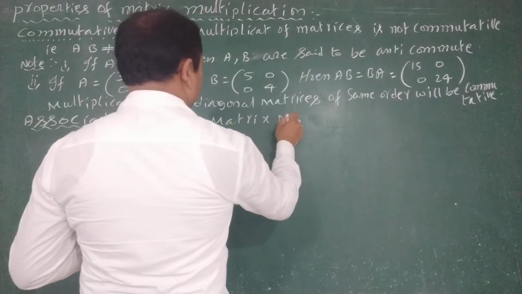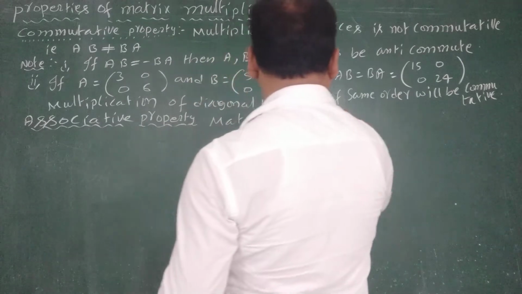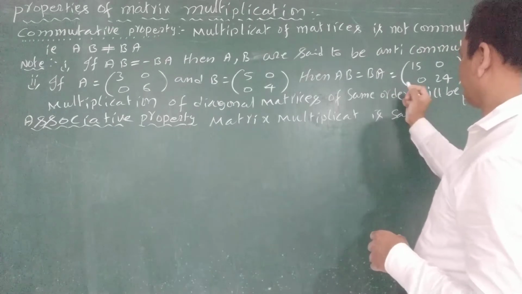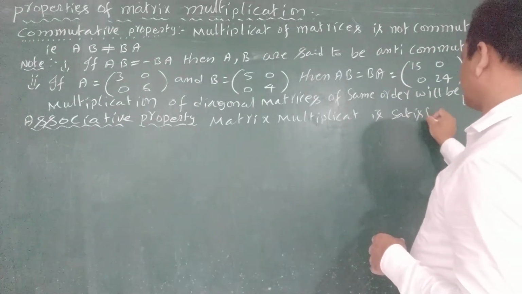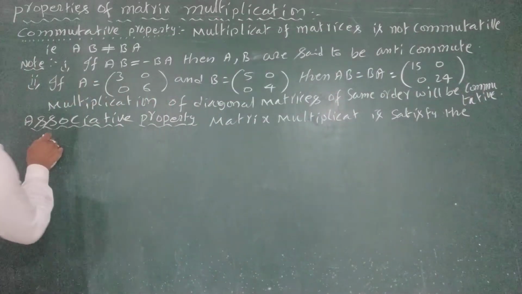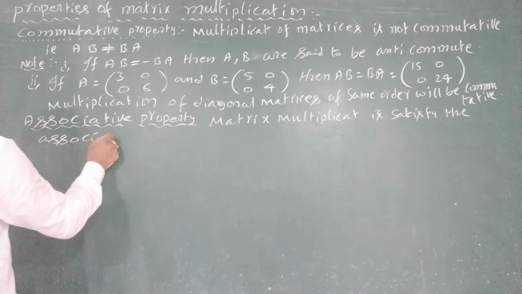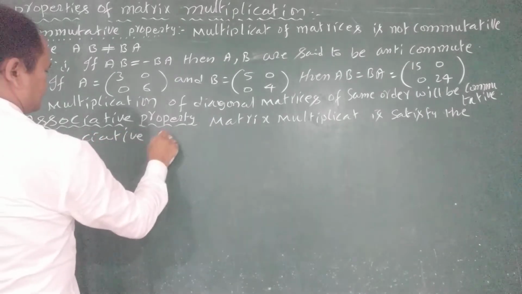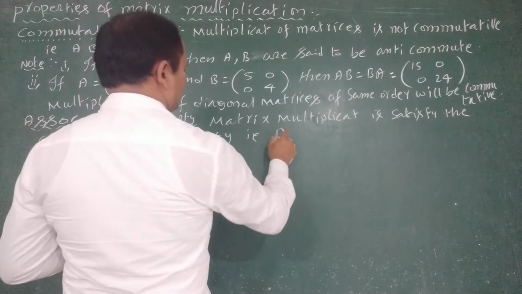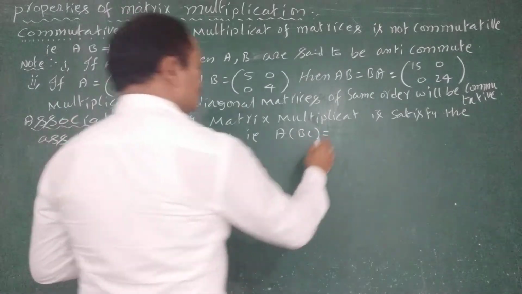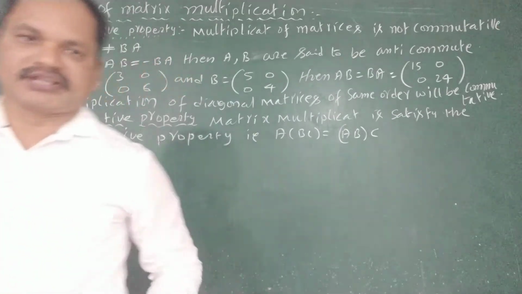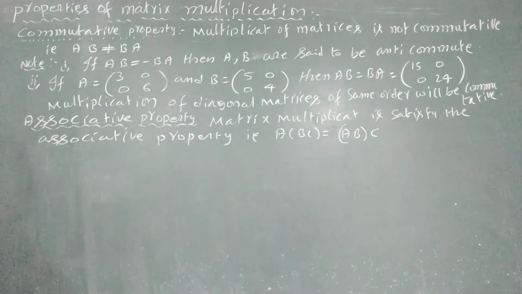Matrix multiplication satisfies the associative property. That is, A into BC is equal to AB into C, according to the multiplication of matrices.